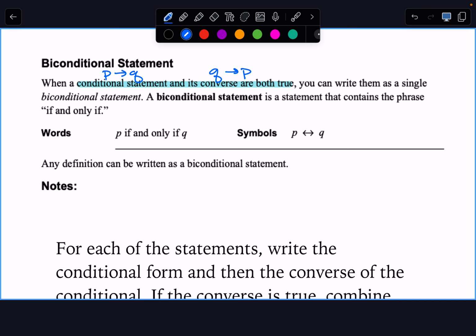If that happens, we can write a biconditional statement, meaning P if and only if Q. So instead of if then, we can write P and Q with an if and only if in the middle.